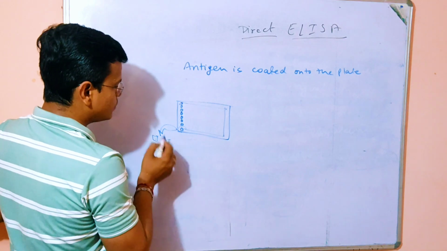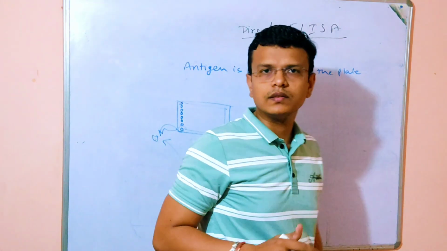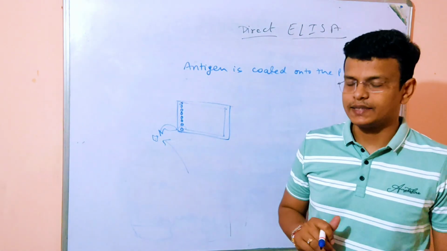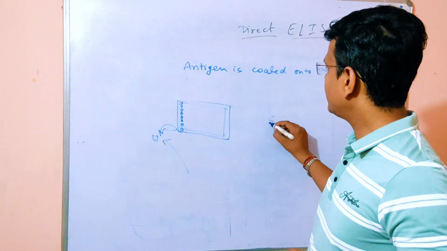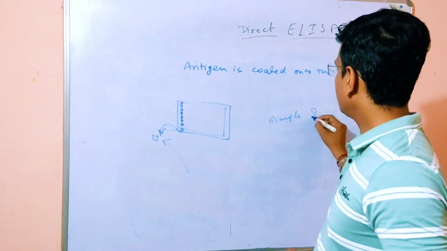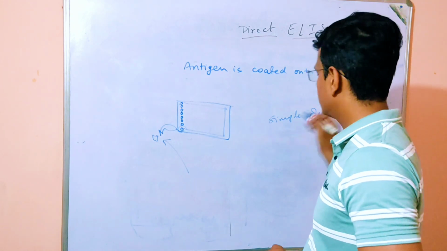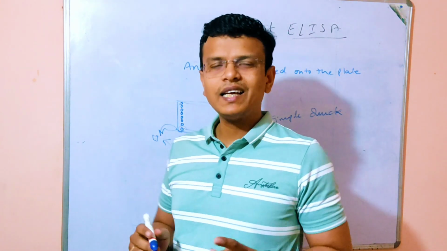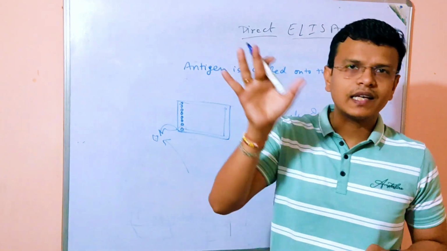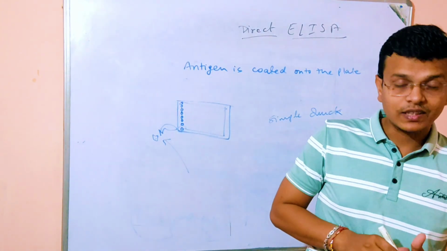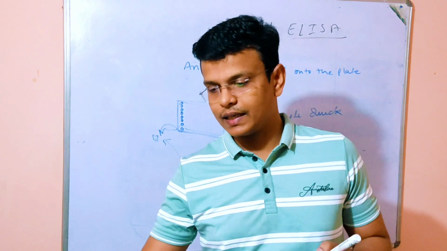An antibody comes to bind it directly. That's why it is known as direct ELISA. And what are the advantages? It is very simple and quick, because we don't need any long procedure. Here the antibody is directly attaching to the antigens.